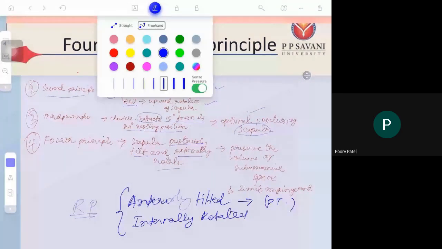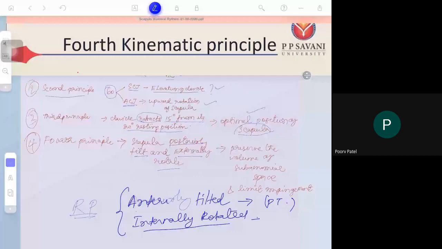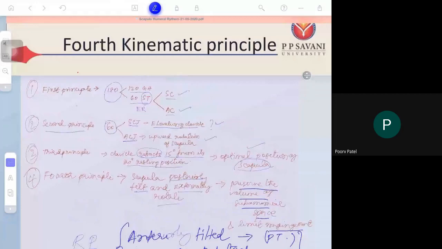And from the internally rotated position, it externally rotates. So we discussed all these things. What is the purpose of these two movements? To preserve the volume of the subacromial space and to prevent impingement. So these are the four principles we discussed in the morning.